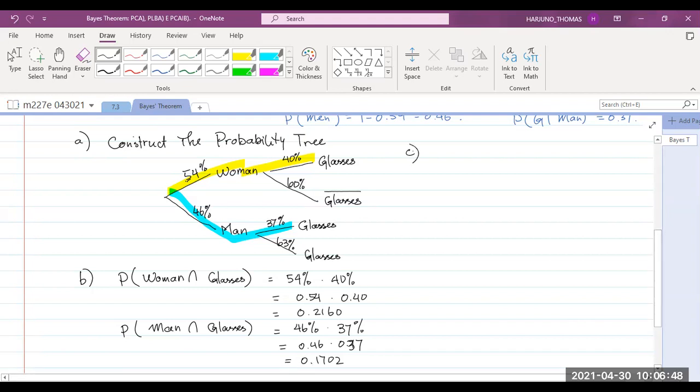Part C. Then we can now compute the probability that a randomly selected person is actually wearing glasses.